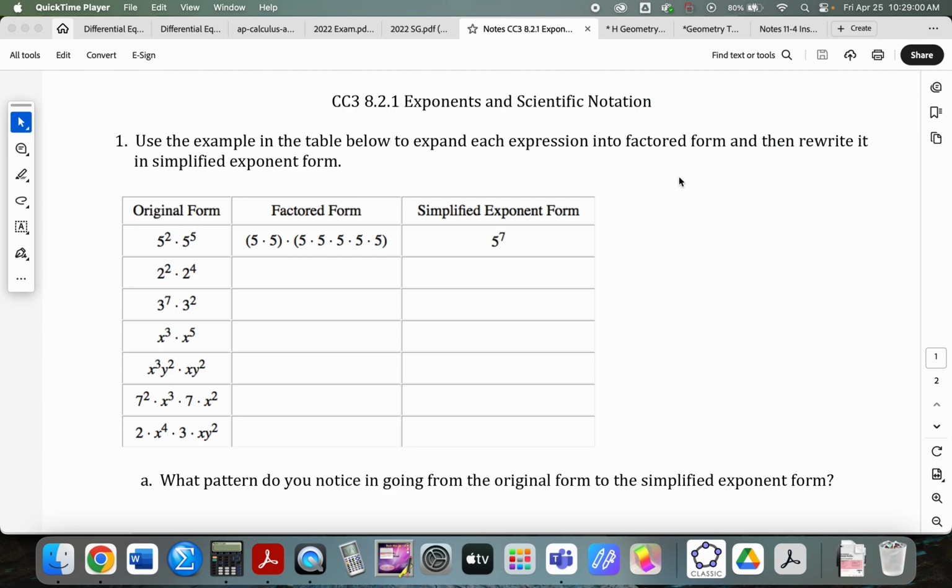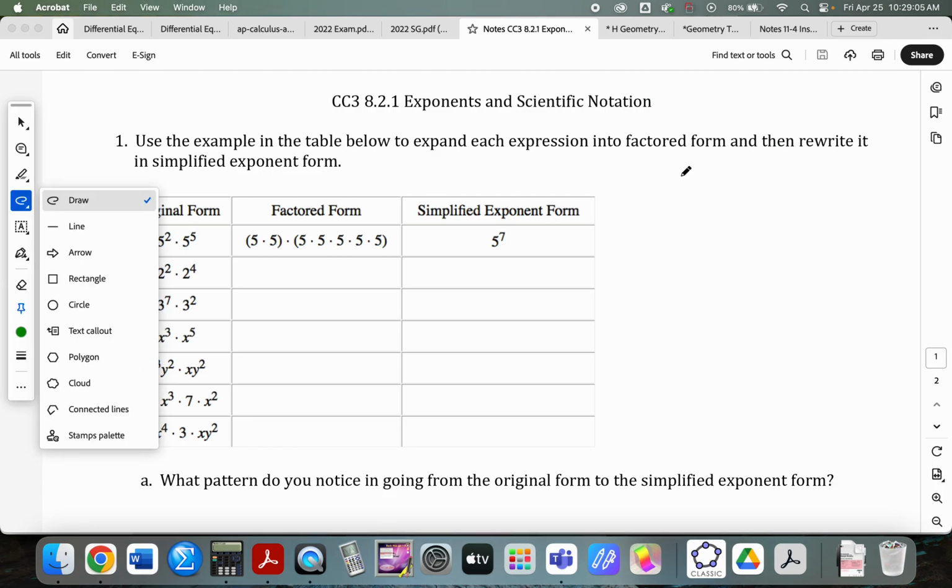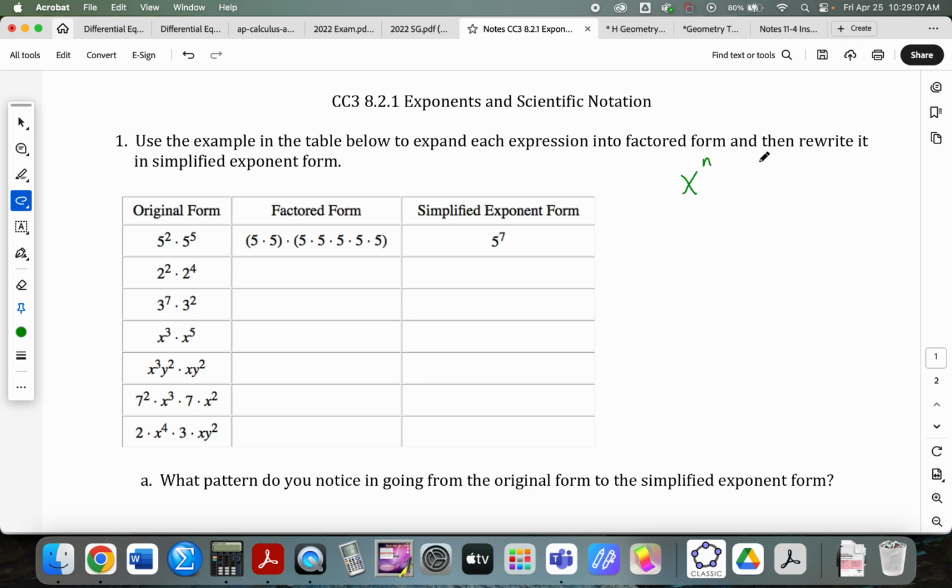So if you have something like this, where you have something raised to the n, x is called the base, and n is the exponent.